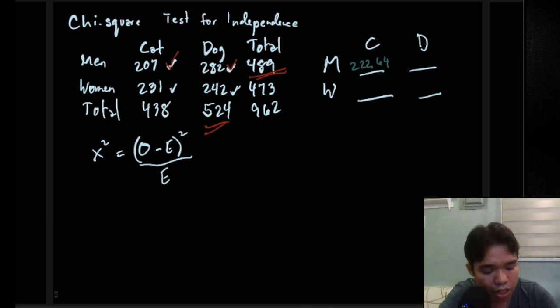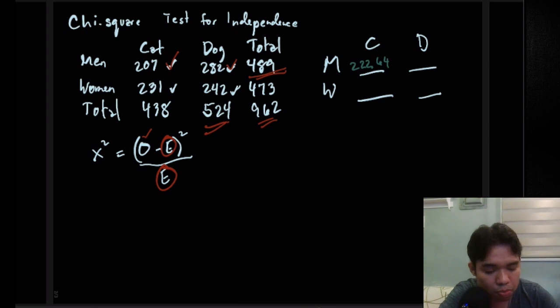So 489 times 524 divided by the grand total 962. That's how you compute the expected value, because we need the expected value for our computation based on our formula. It's here, it's E. The observed is already given. That's the data.